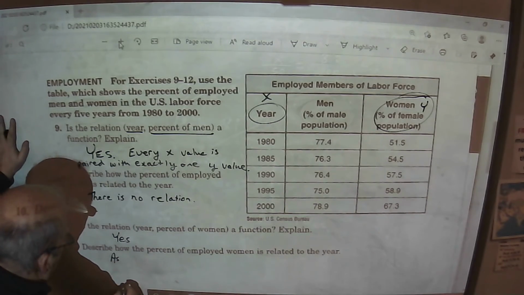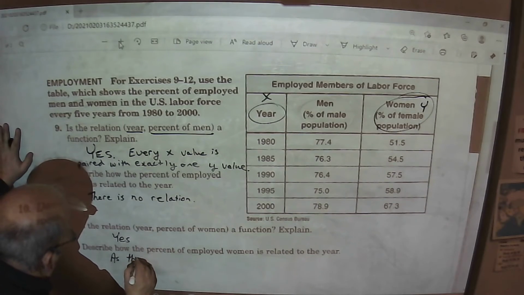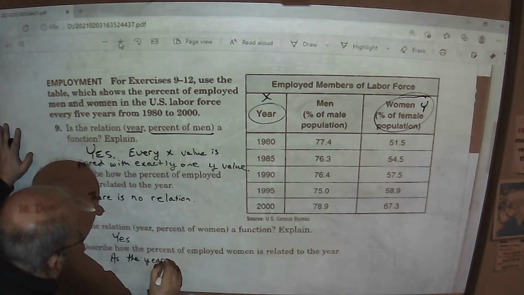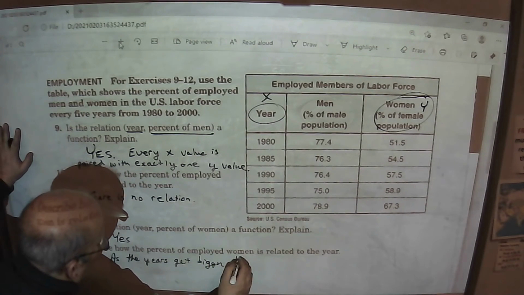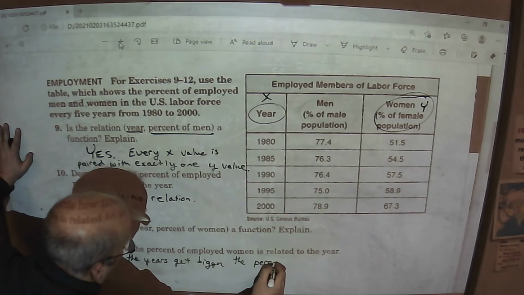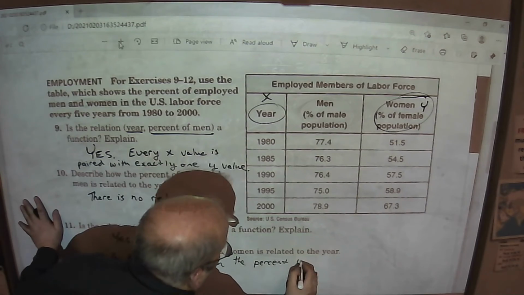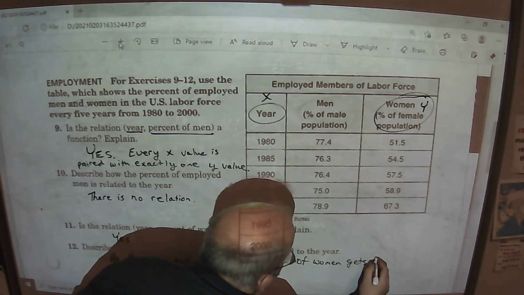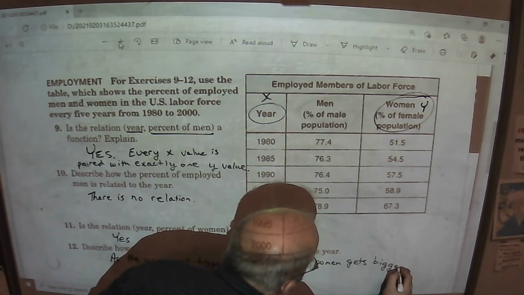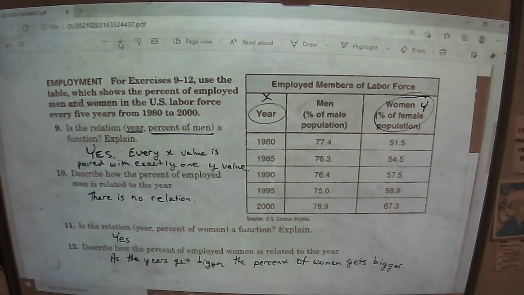So we need to describe that. As the years get bigger, the percent of women gets bigger would be a pretty decent answer for that.